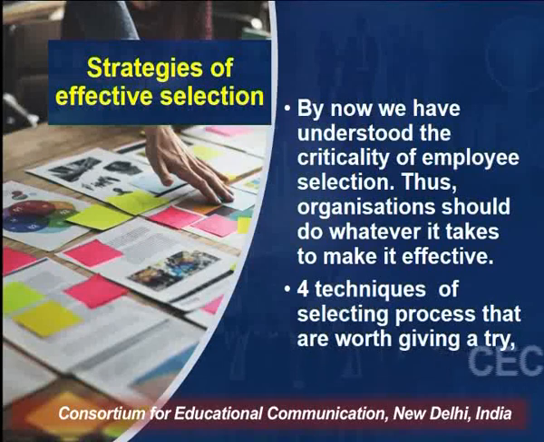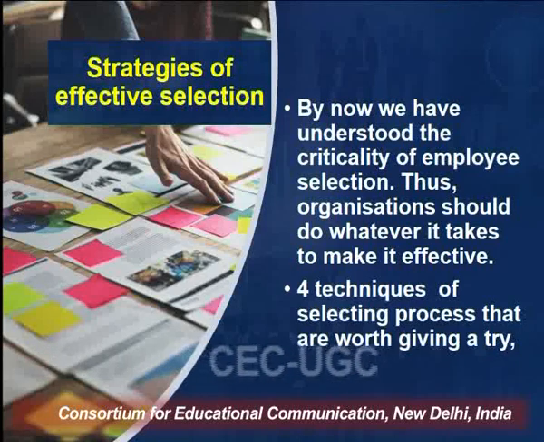By now we have understood the criticality of employee selection, so organizations should do whatever it takes to make it effective. We are going to learn about four techniques of the selection process that are worth giving a try. The first one is competency based hiring. An individual's core competencies are determined by two groups of factors.